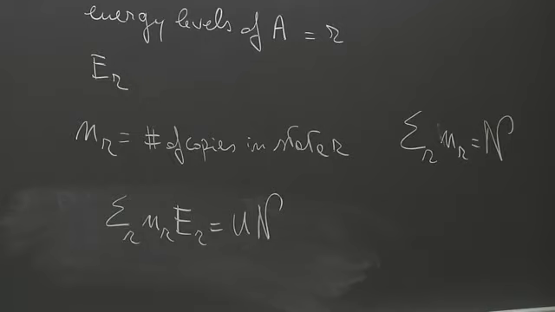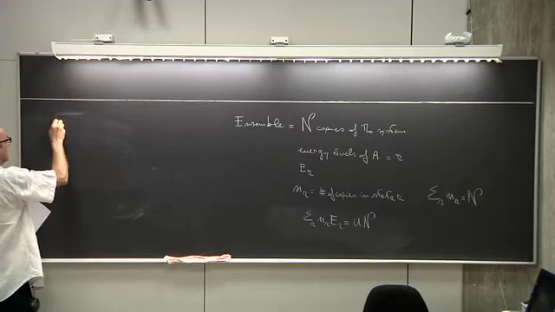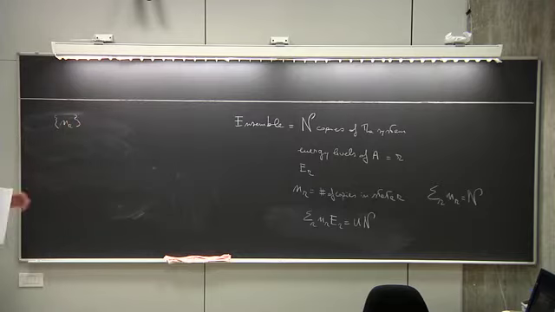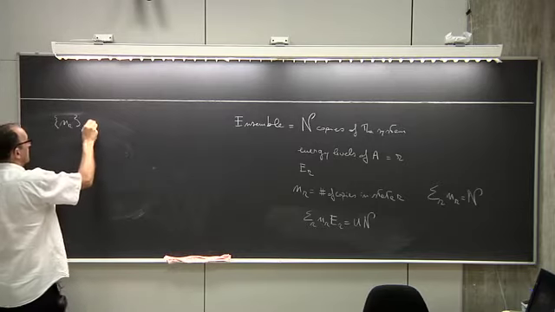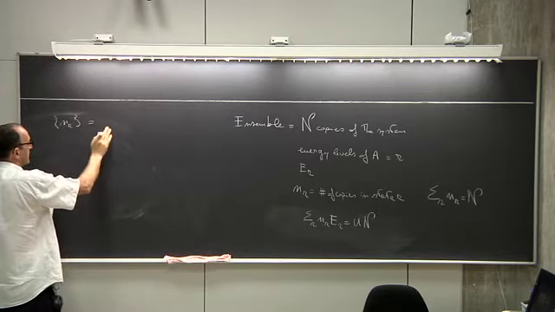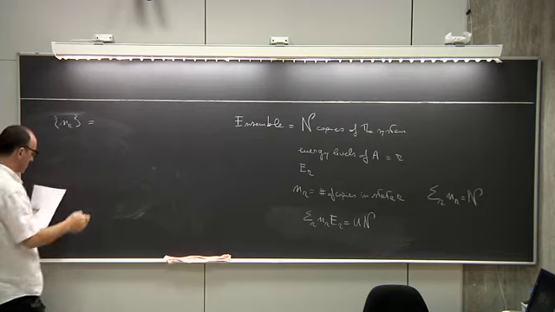So what is the probability that I will find... the state of my ensemble will be specified by all these numbers, the collection of all these numbers. So this will specify the state of my ensemble.